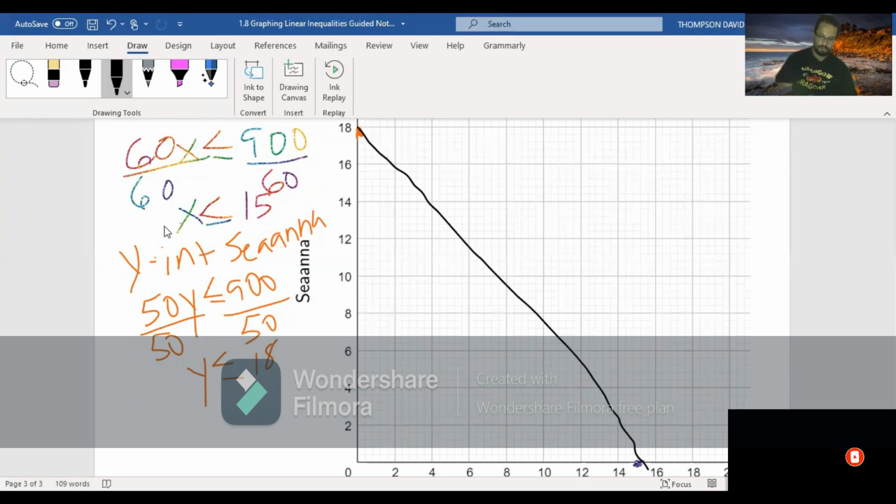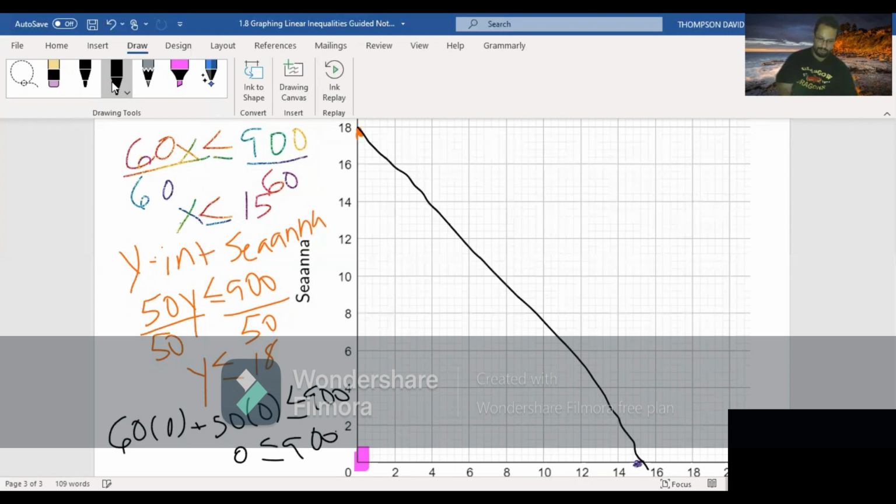So since we have this point 0, 0 also, we plug in 0, 0 to figure out which way we shade. So if we say 60 parentheses 0 plus 50 parentheses 0 is less than or equal to 900, we're left with 0 is less than or equal to 900.